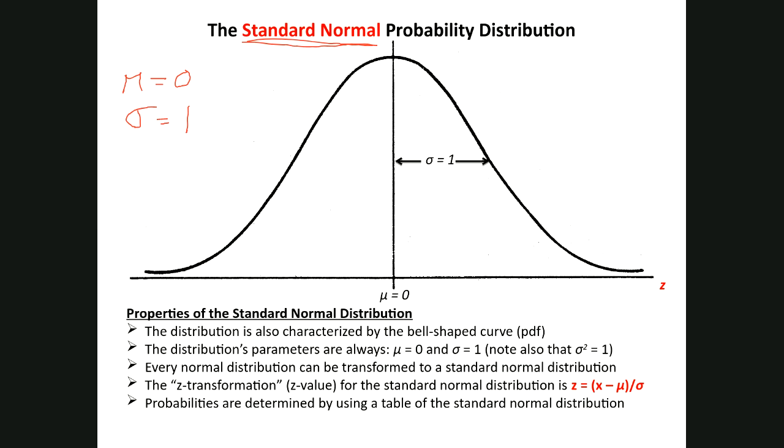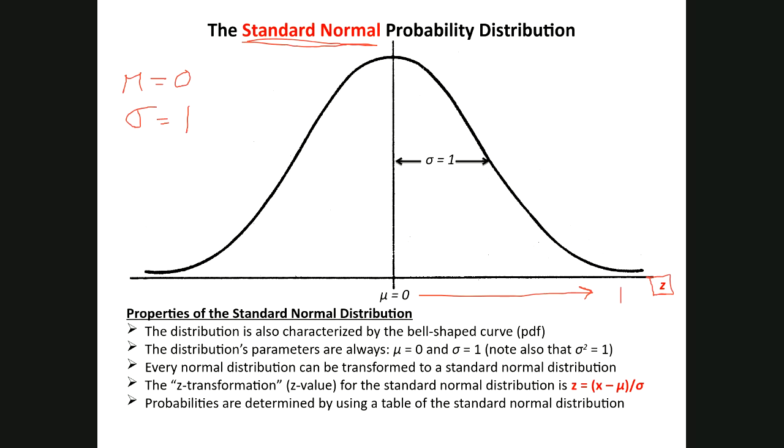And we call this value the z value because it's just a variable that we're going to give. Everything to the right of the mean, to the right of 0, this value of z is positive.